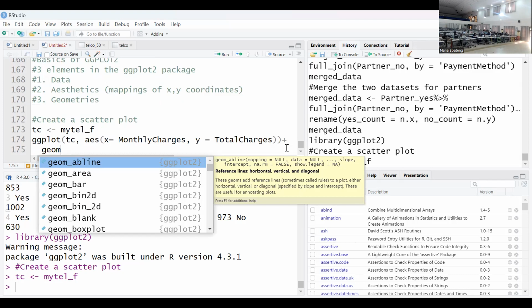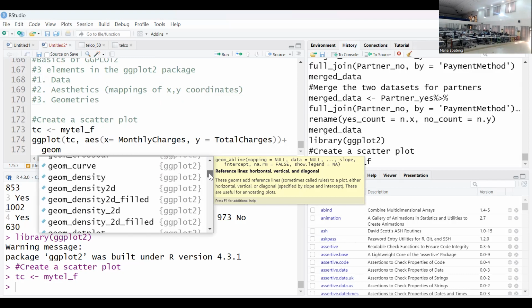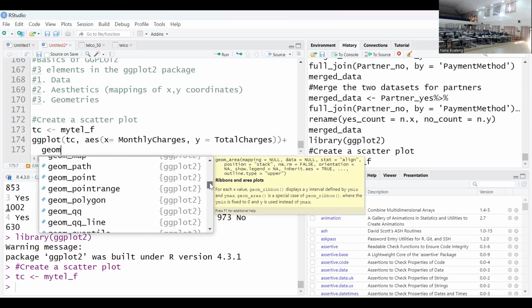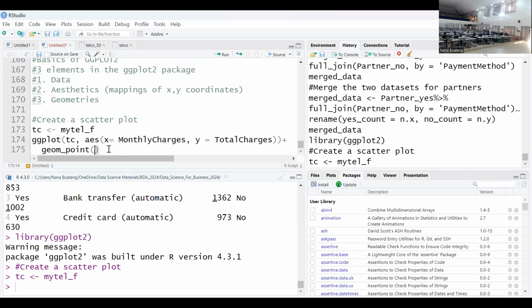These are the geometries. But for now, we are interested in geom_point. So geom point. All right. So let's run it.